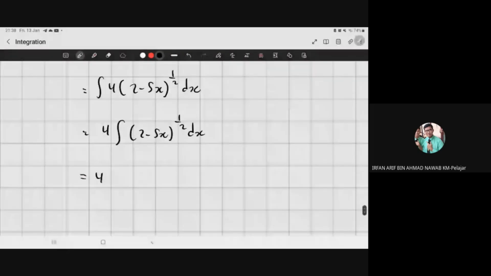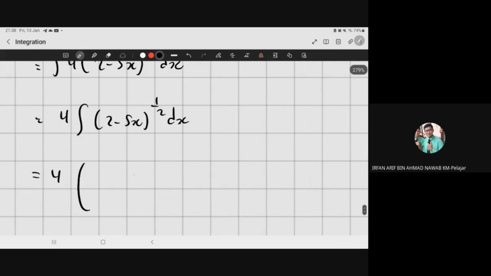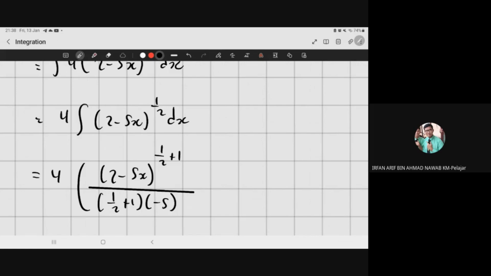Here I apply the fifth rule, since we are dealing with a binomial with x to the power of 1 here. So we will get 2 minus 5x to the power of 1 over 2 plus 1 divided by 1 over 2 plus 1 times negative 5, and then plus c.